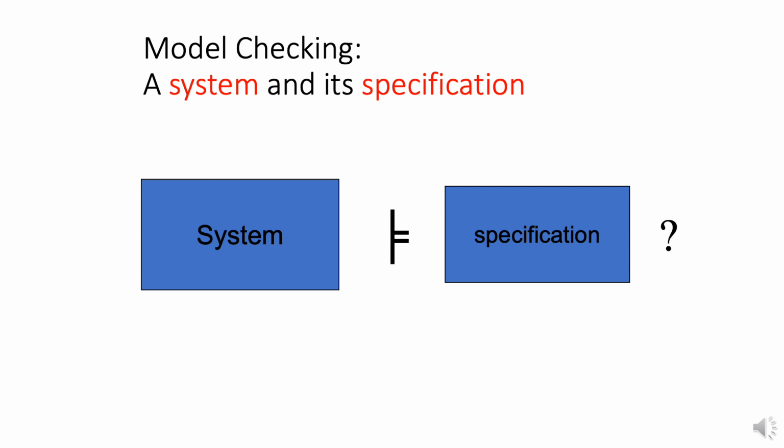We want to verify it in an algorithmic way, and we want to cover all cases. If the system does not satisfy its specification, then often we are interested in obtaining a counterexample that will allow us to understand why this is the case.